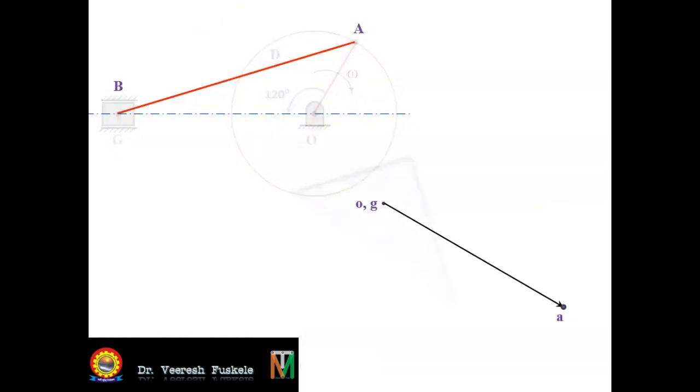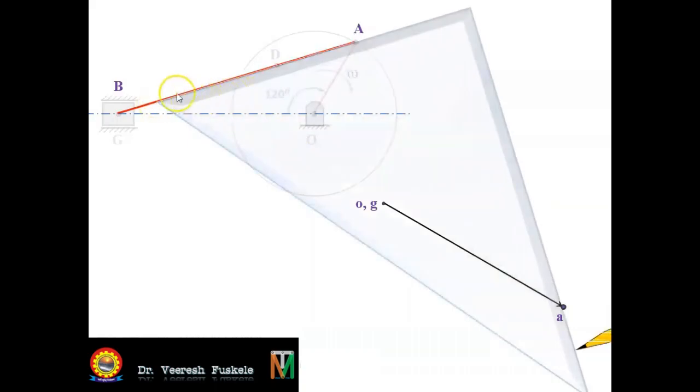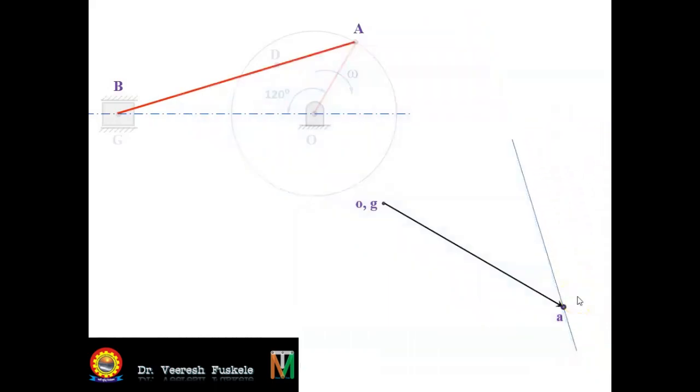We'll place the set square on link AB, and the other side of the set square should pass through the point A, and we have to draw the velocity vector through the point A. So we'll draw a line which will represent the velocity vector of link AB. Still we don't know the magnitude, so we'll proceed further.